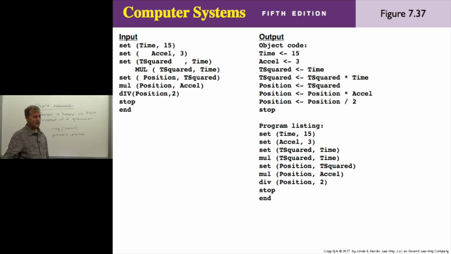So take a look at what, when it says set time, comma 15, the object code is what? Time, then left arrow 15, and then set XL3. That left arrow is like gets, like in R, the R programming language.